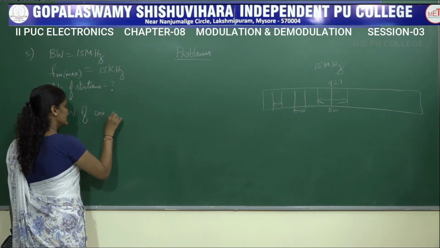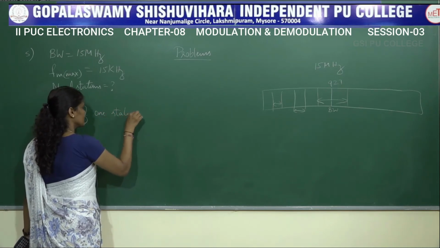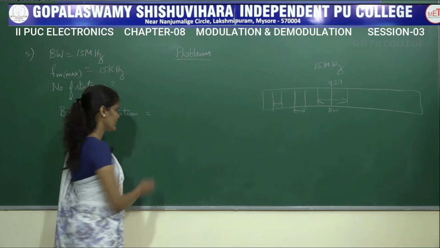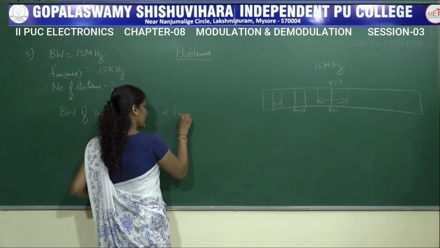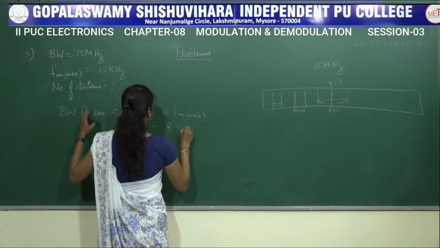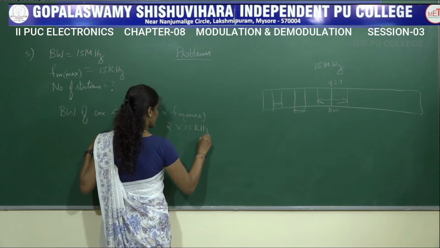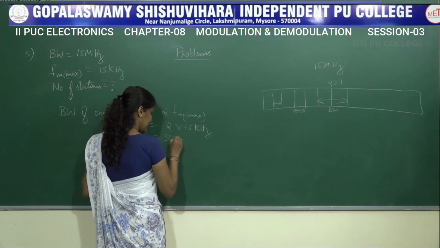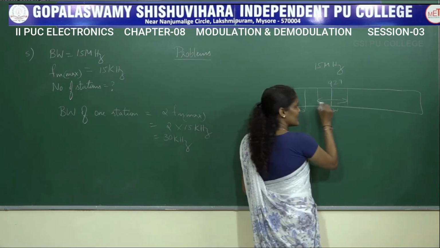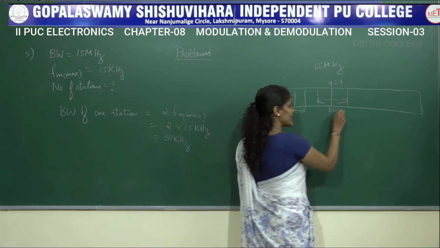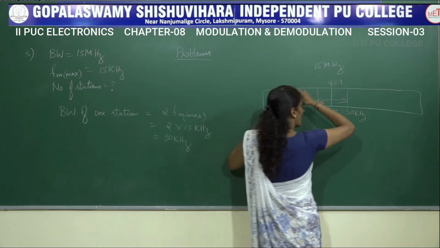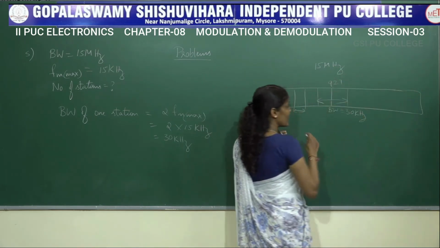So let us calculate the bandwidth of a single station. Bandwidth of one station is equal to, we know the formula for bandwidth, it is 2 times FM. So 2 times the FM maximum value, which they have given, 2 times 15 kilohertz, which is equal to 30 kilohertz. That is, the bandwidth of one station is 30 kilohertz, but they have given an overall bandwidth of 15 megahertz.